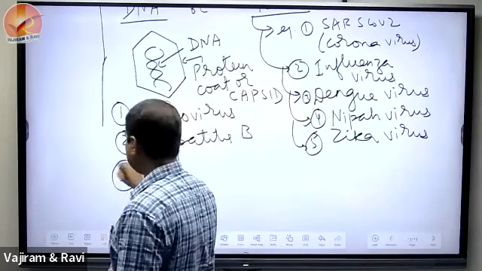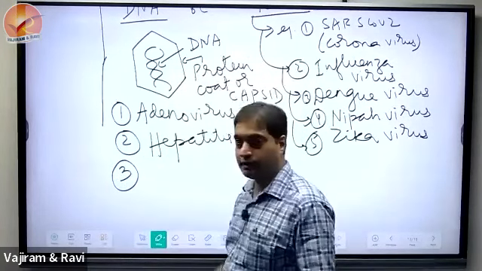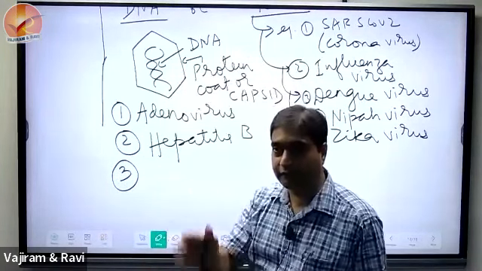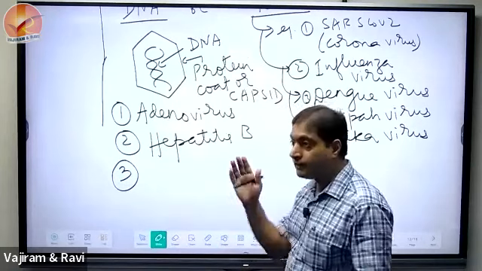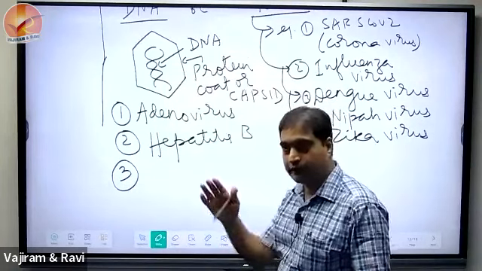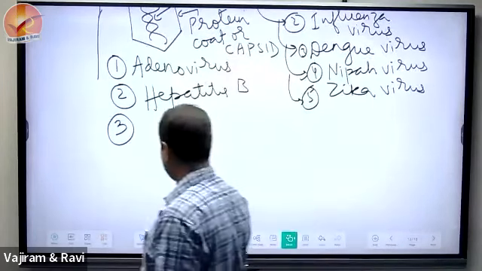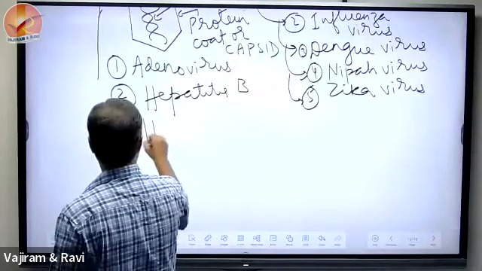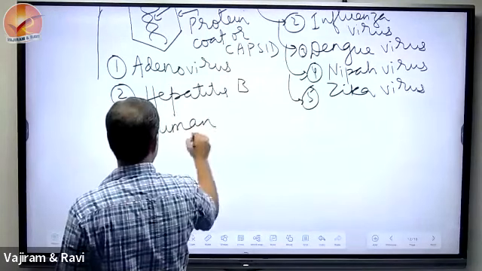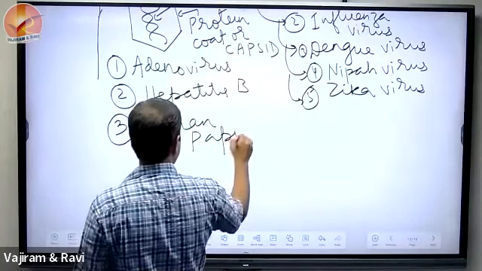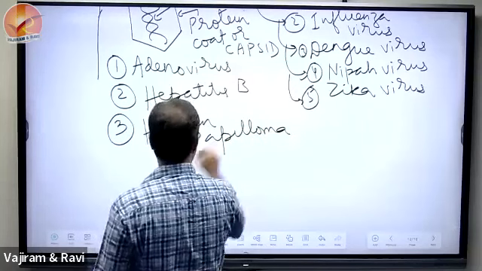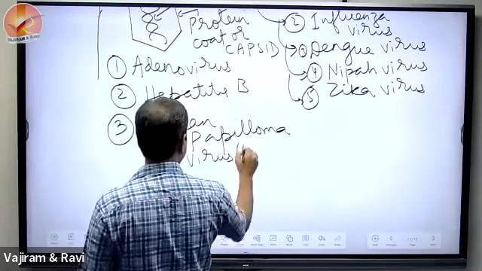Third example. Now, examples are also very important. Questions will come from example and the detail. Therefore, I am writing this example to communicate what are the important topics for the exam simultaneously. Human papilloma virus, HPV.